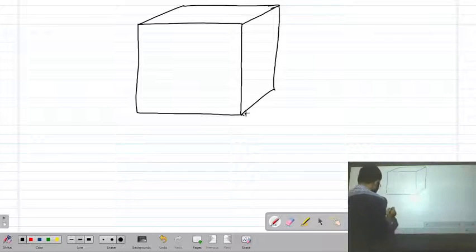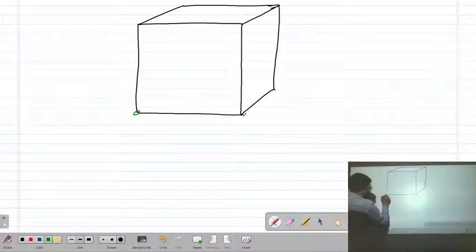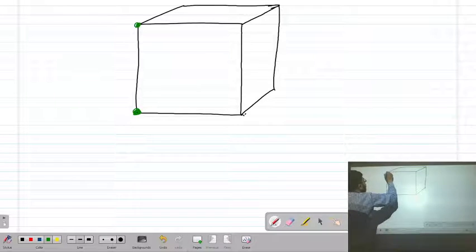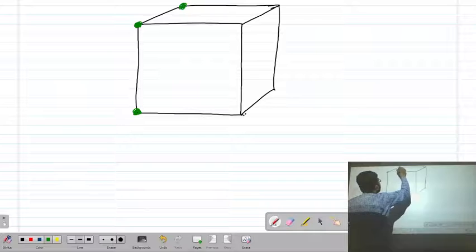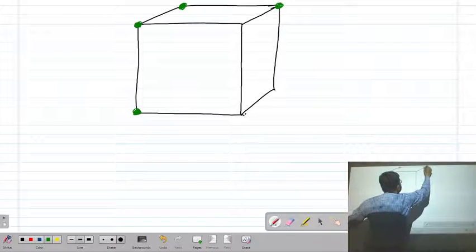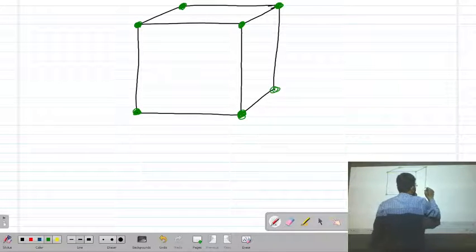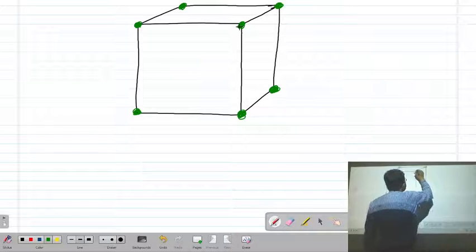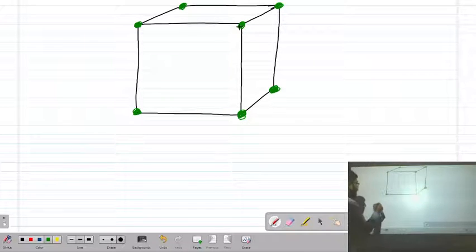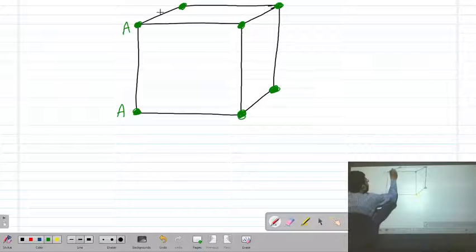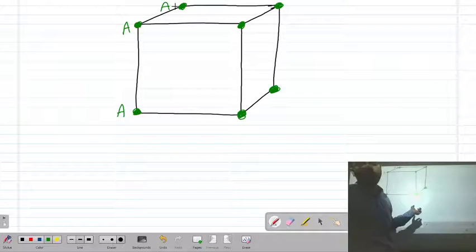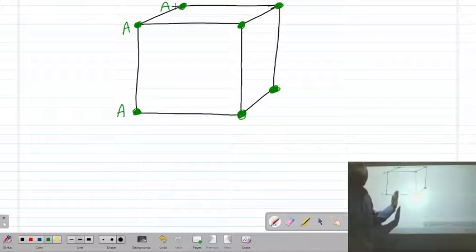This is a cube. Over here, this is one atom, this is another atom, this is another atom, this is also another atom. All corners have the same kind of atoms, right? All corners are, let us say, atom A. I am using the same color for A because all have the same kind of spin, the same magnetic dipole direction.